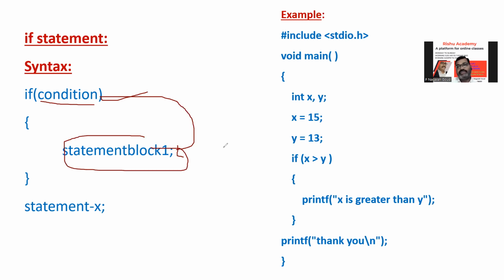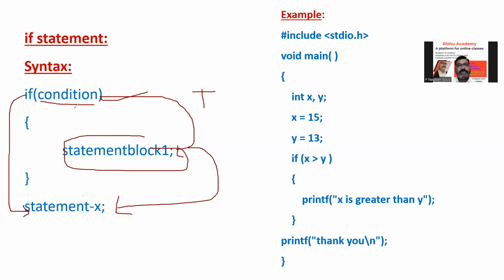After executing this, the control moves to statement X. If the condition is false, the control directly moves to statement X by skipping statement block 1.